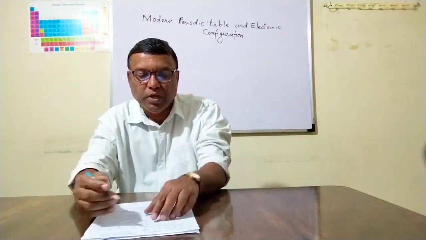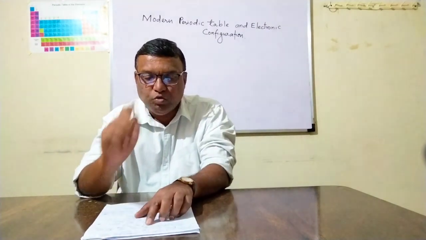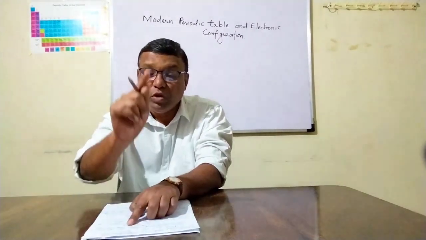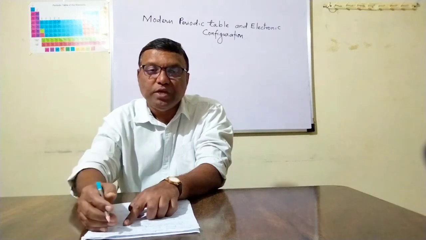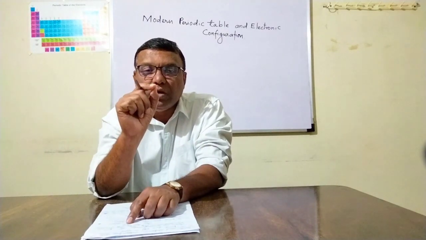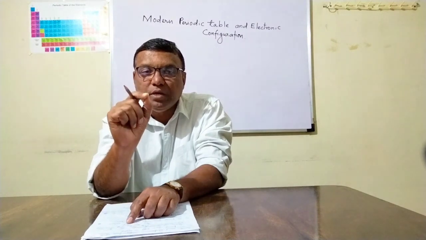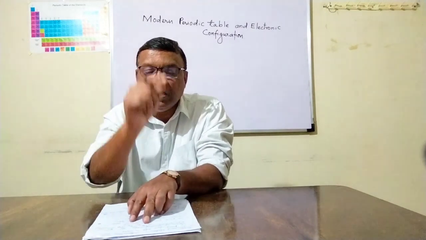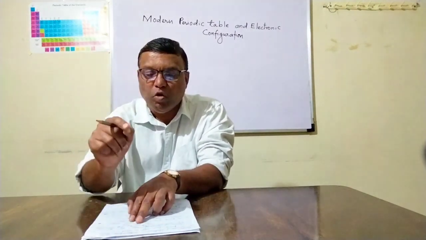Now see, lithium electronic configuration 2, 1. After that beryllium 2, 2, and boron 2, 3. What you observe? The number of electrons in the last orbit, which is called valence electrons, increases by 1. Lithium 2, 1. Beryllium 2, 2.